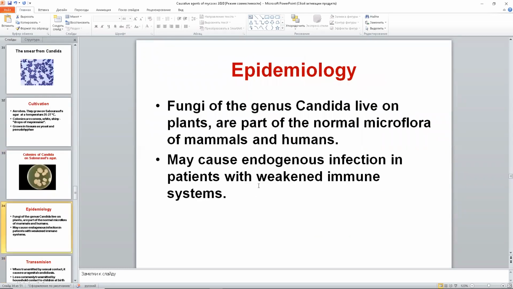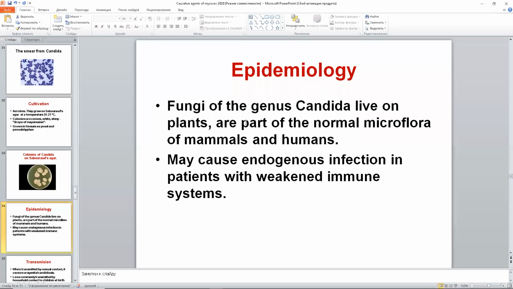Epidemiology. Really, fungi of this genus Candida are detected in nature. They are detected on plants and in the soil and on the leaves of trees, and at the same time they are detected sometimes in human bodies, so they belong to the normal microbial flora of mammals and humans.